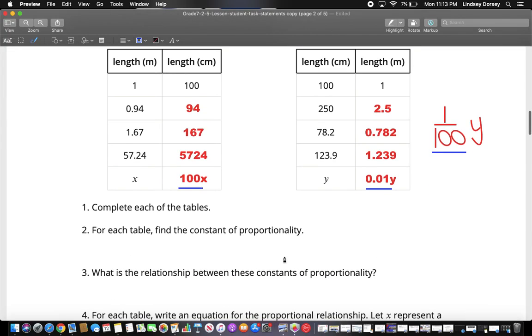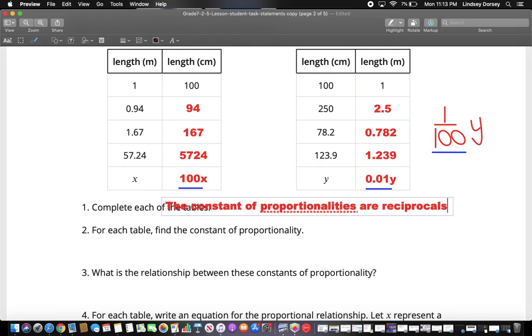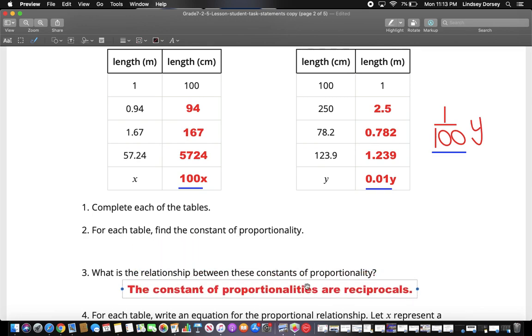Okay, so what's the relationship between the constants of proportionality? The constants of proportionality are reciprocals.